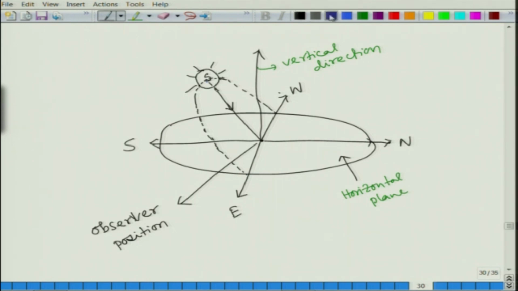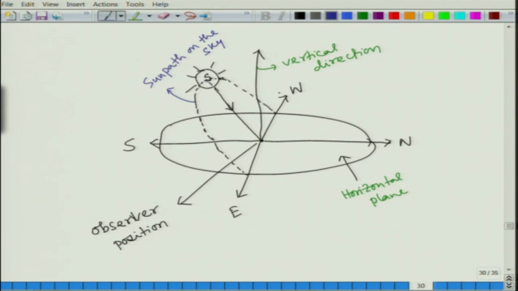Okay. So, this solar path circle that I have drawn is the sun path on the sky. We can project this semicircle on the horizontal plane also.